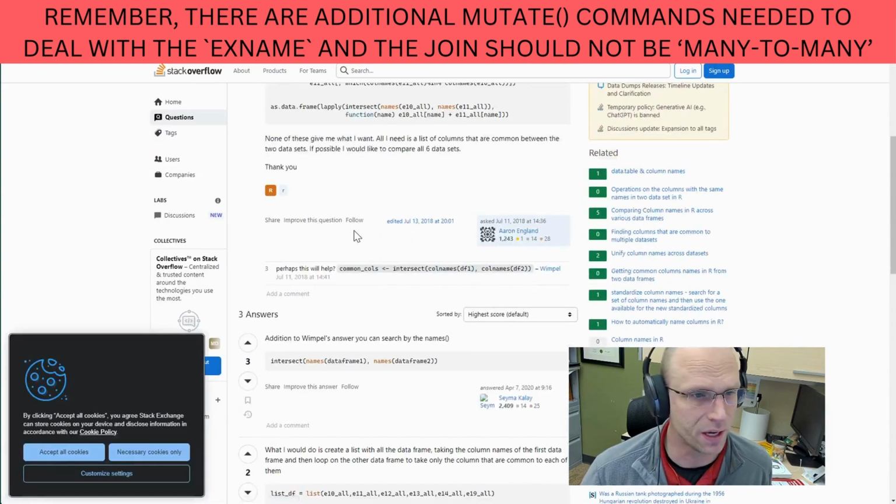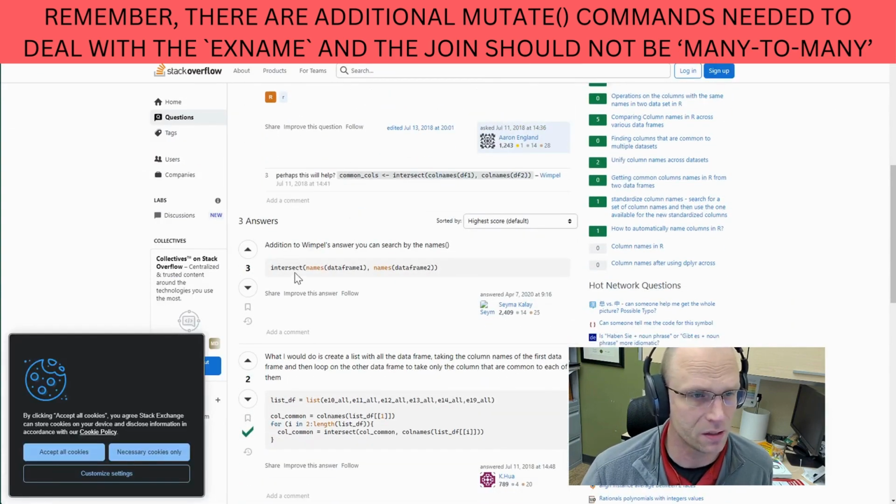Okay, let's scroll down here, and it says intersect, open parentheses, names. The names function will list the names of data frame 1 and then names of data frame 2, and the intersect function will find the common names between them. So that sounds like a good thing to try.